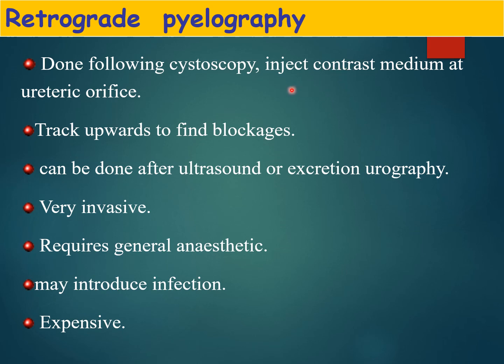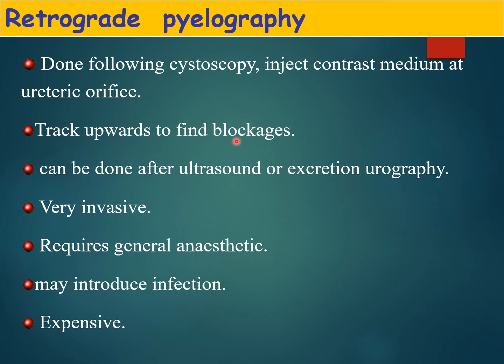See that opening, put a guide wire to start with, then put a catheter over it, take the guide wire out, keep the catheter in there and inject some radiopaque dye, so as to see the delineation. This is the retrograde one.